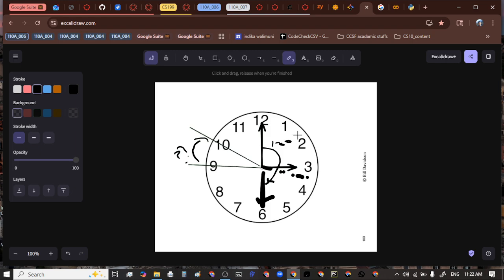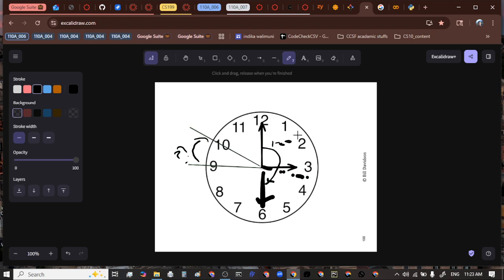So basically when our hand moves from 9 to 10, the minute hand goes one single round, right? That's 360 degrees. So it basically goes all 12 segments, that's 360 degrees, right?